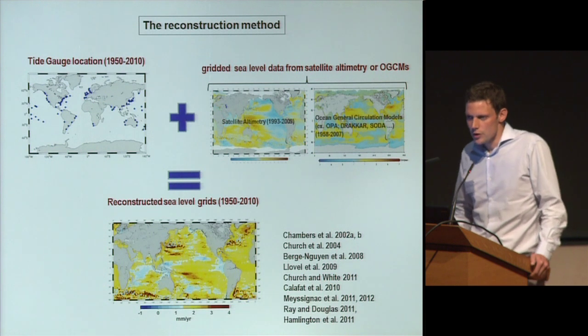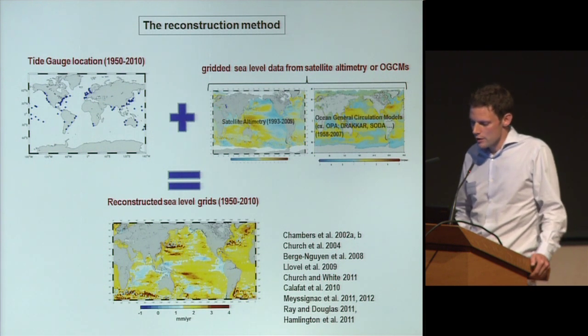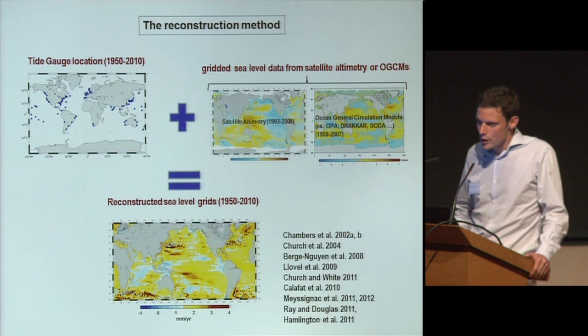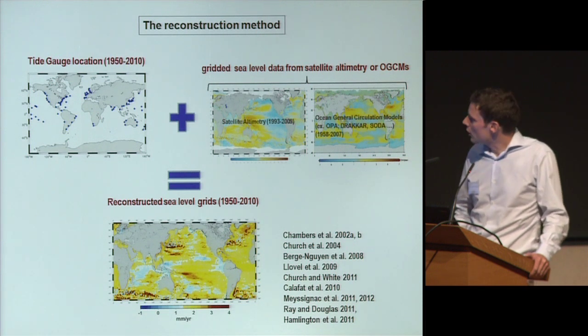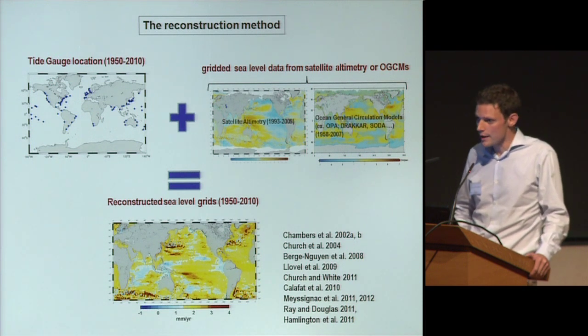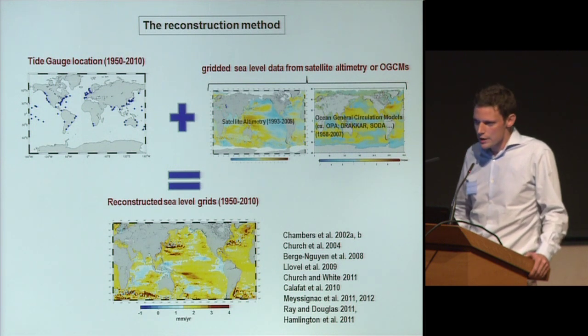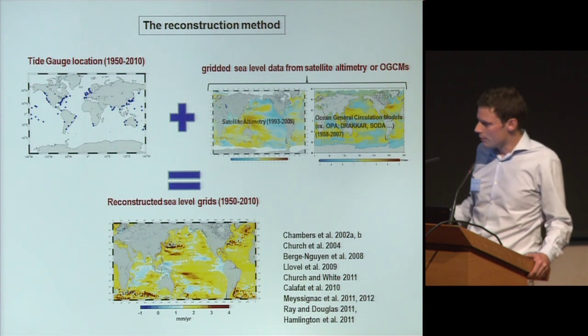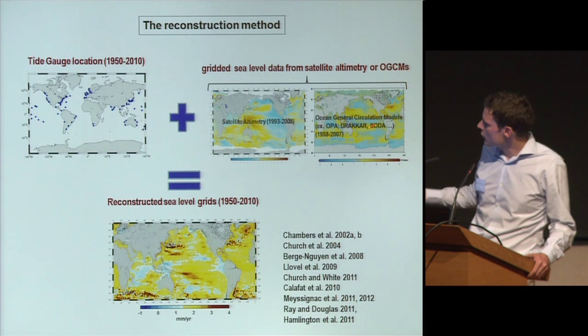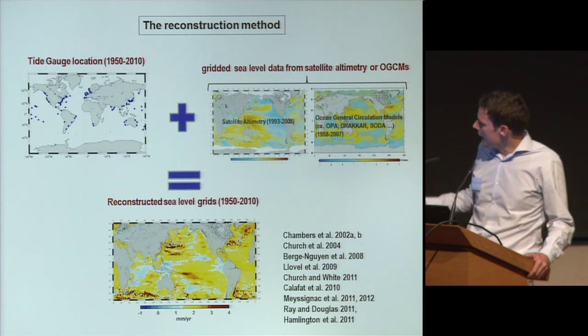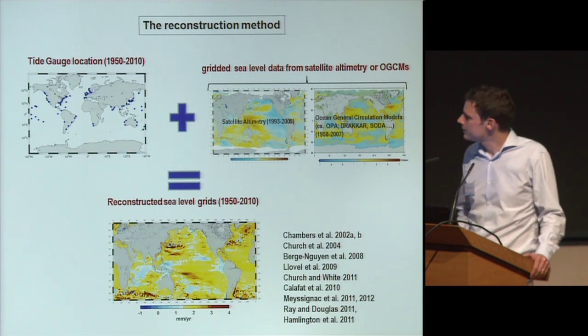Recently, a new method has been developed which gathers both information from tide gauge records and information from altimetry or GCMs. What we call GCMs are ocean models. This method consists of extracting the spatial structures which are characteristic of the ocean sea level variability from 2D sea level grids like satellite altimetry or ocean models, and to use this information to interpolate backward in time long tide gauge records of high quality.